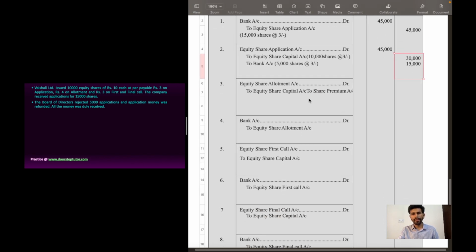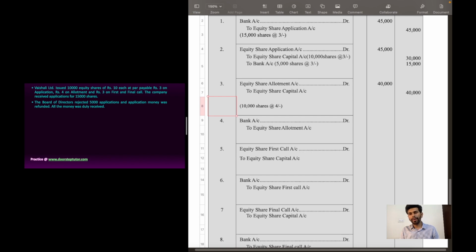Next journal entry on allotment money due, equity share allotment account debit to equity share capital account. Amount will be 10,000 equity shares at the rate, allotment money is 4 rupees per share. So 40,000 rupees will be allotment money.